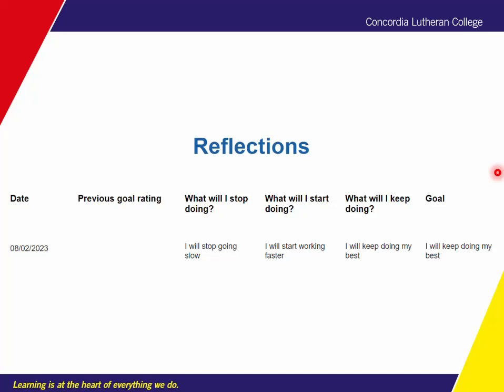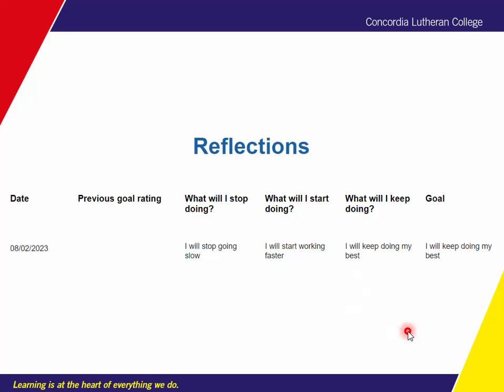If you scroll a bit further, you will go down to reflections and you can actually see your child's goal setting. I encourage you to scroll down to reflections and discuss this with your child. When we do check-ins after a test with your child, we will actually discuss these goals with them, going, I will stop going slow, I will start going fast, I'll keep doing my best, and we'll ask them what the slow means, what the faster means, and the best, and we can actually change and update these to better reflect it.